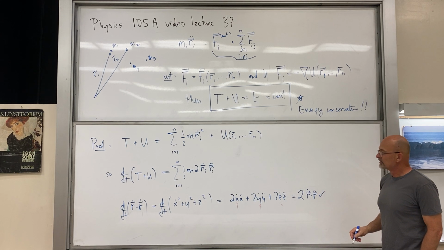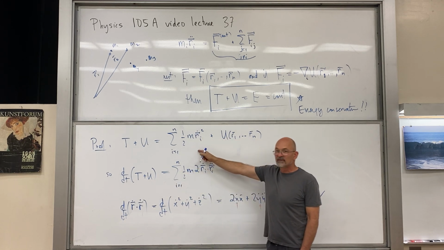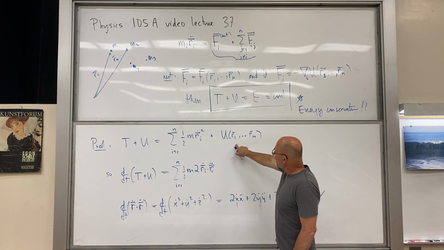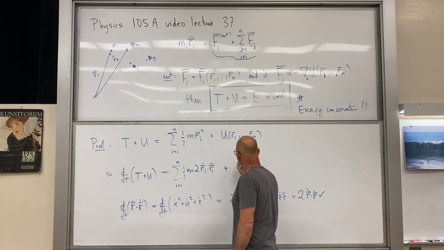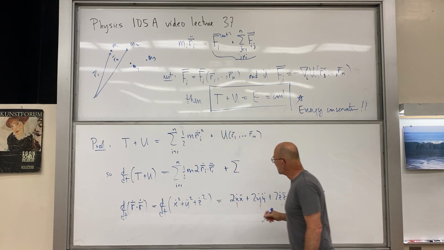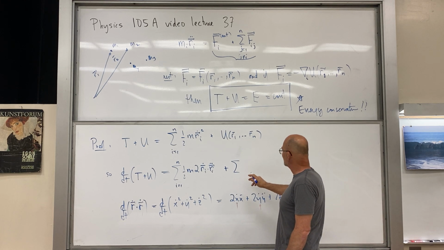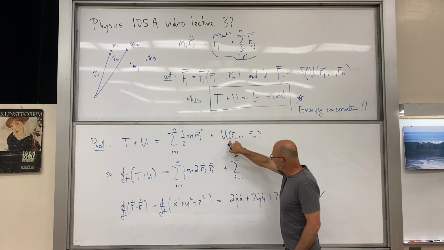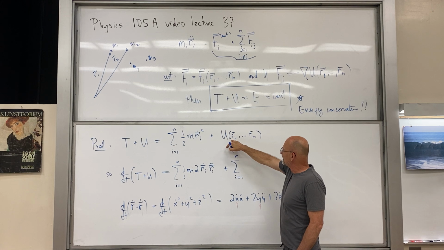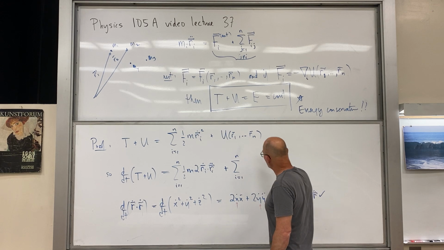Okay, so that's good. We just took the complete time derivative of the kinetic energy. Here we have to take the complete time derivative of the potential energy, and there we need the chain rule for multivariable functions. I'll write it out in the short symbolic form. Let me write it down and then I'll explain it.